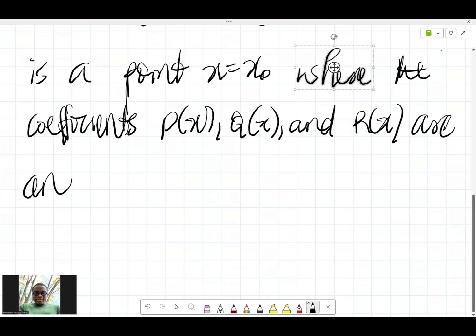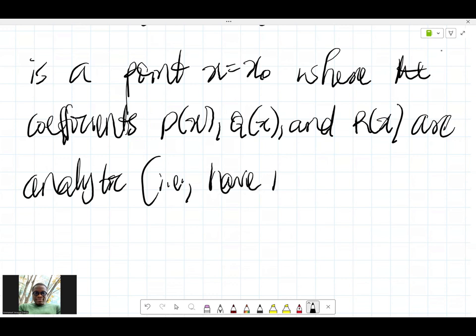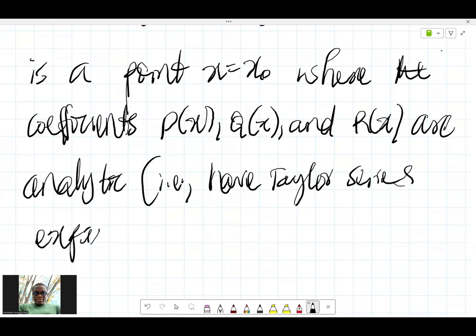I think I said that much previously. What that simply means is that they have Taylor series expansions, or they can be expressed as series that converge.